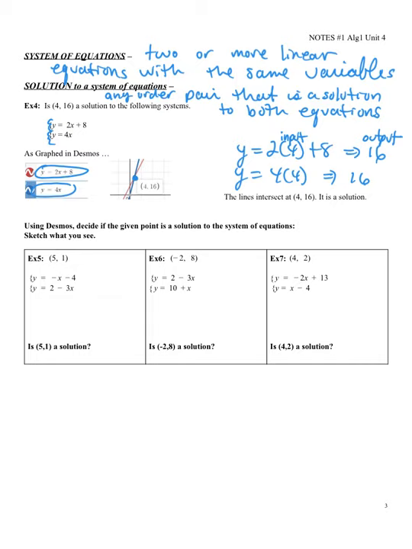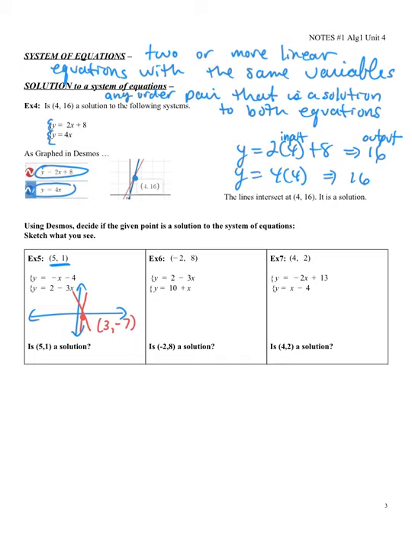So for the first one, you can just either bring in a screenshot or sketch what you see on Desmos. So this is asking, is the ordered pair (5, 1) a solution to these two equations? Now, if I bring this into Desmos, I have one equation running this way and one equation running this way, and the dot is at (3, -7).